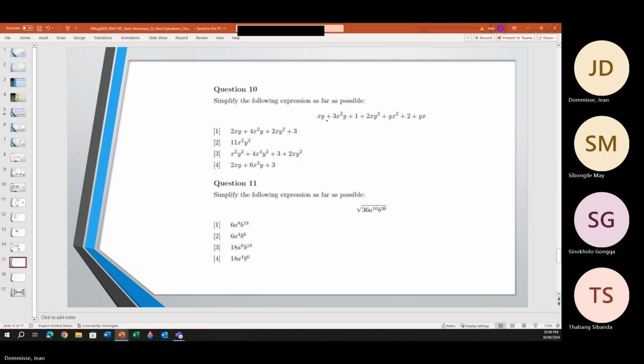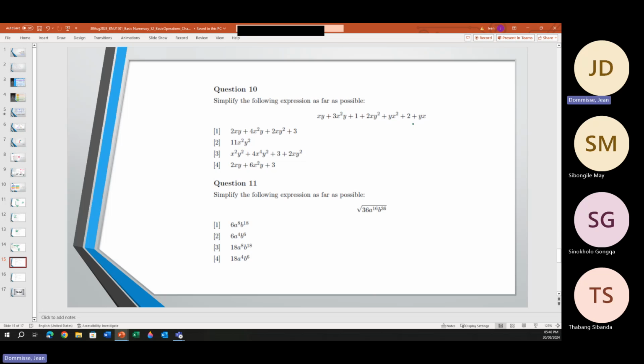Because there are pluses between everything, that means we can only add the things that have the same variables together.